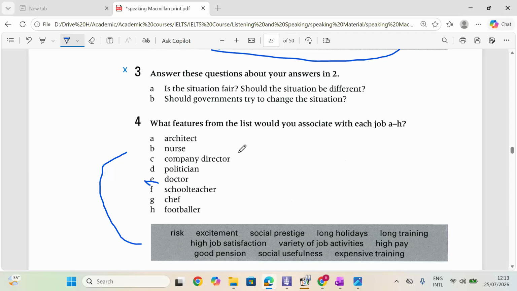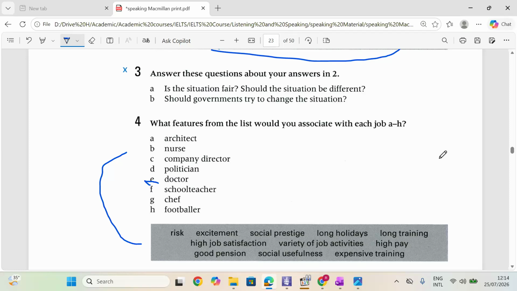But by the way, it's highly paid and it has social prestige, so it has like two faces. Two aspects. Finished? Yes. Right, okay. Anybody else would like to share something here?